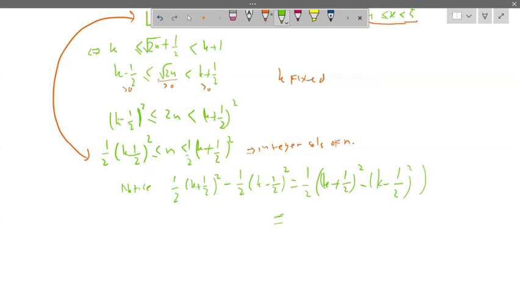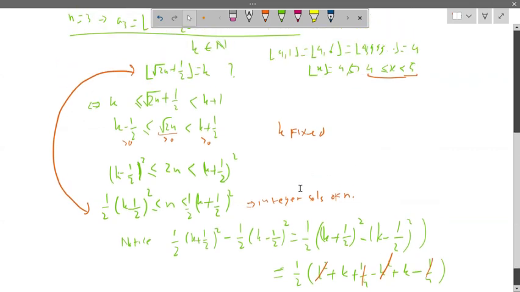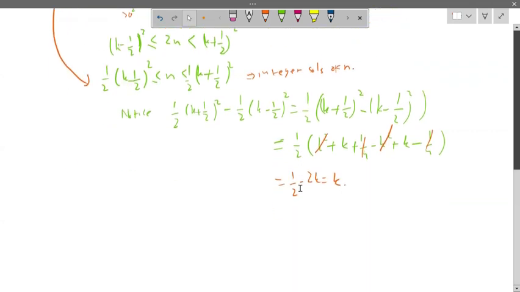Then this is equal to 1/2 times k squared plus k plus 1/4 minus k squared plus k minus 1/4. Now, k squared cancels out, 1/4 also cancels out. So what's left here is 1/2 times 2k, which is equal to k. And remember, k is an integer, or more accurately, a natural number. So what significance does this result have?